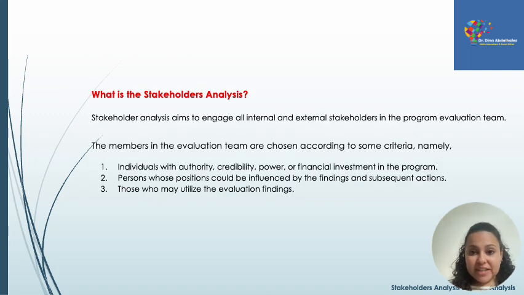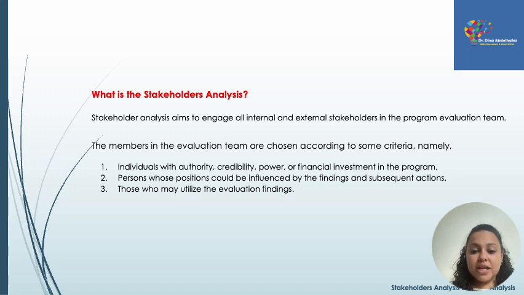What is a stakeholder analysis and how can we implement it? Stakeholder analysis aims to engage all internal and external stakeholders in the process of participatory monitoring and evaluation. The members in the evaluation team should be chosen according to some criteria. The first criterion is that these individuals have authority, credibility, power, or financial investment in our project or program overall.